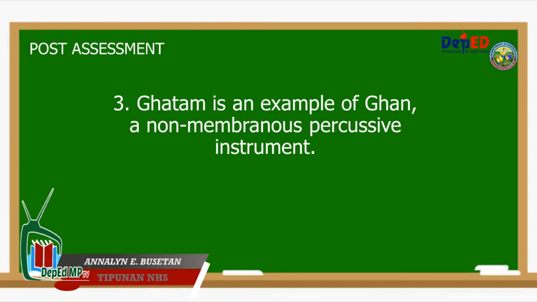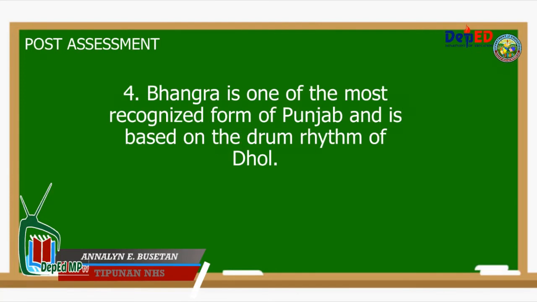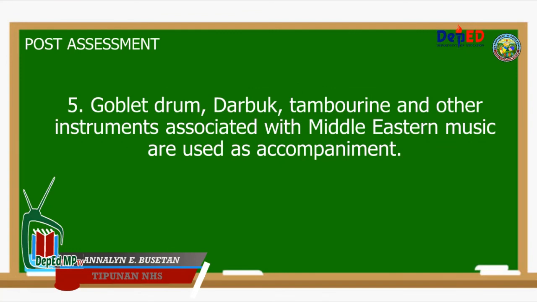Ghatam is an example of gan that is described as a membranous percussive instrument. Number 4. Bhangra is one of the most recognized forms of Punjab and is based on the drum rhythm of Dhol. And number 5, goblet drum, darbuka, tambourine, and other instruments associated with Middle Eastern music are used as accompaniment.